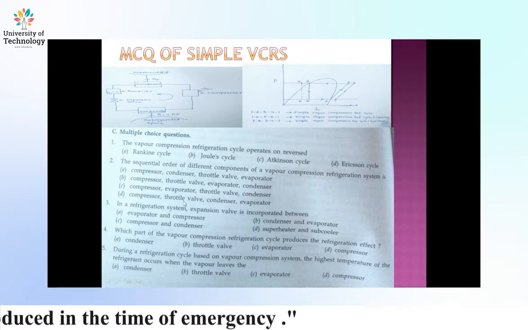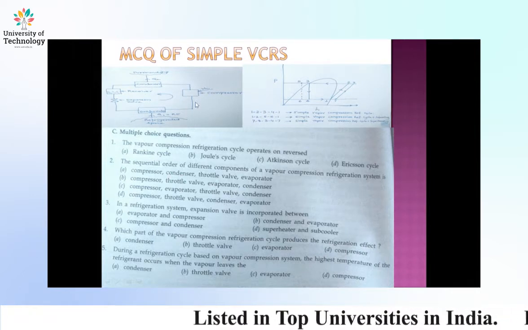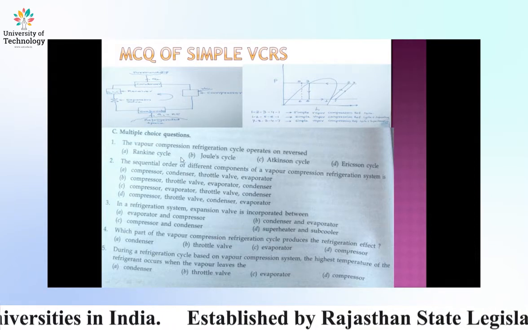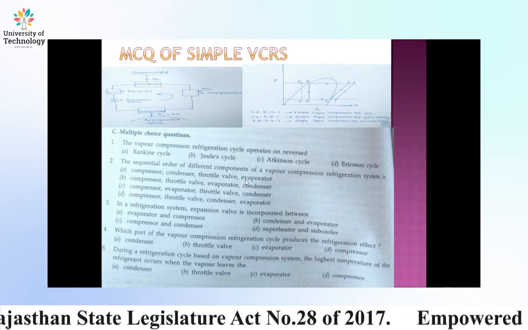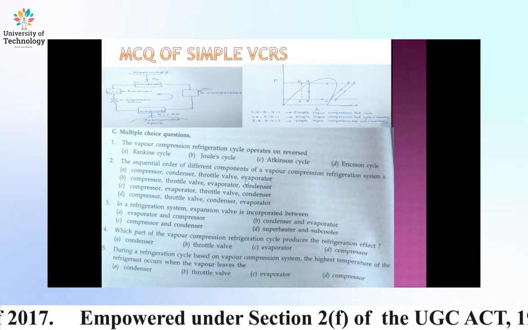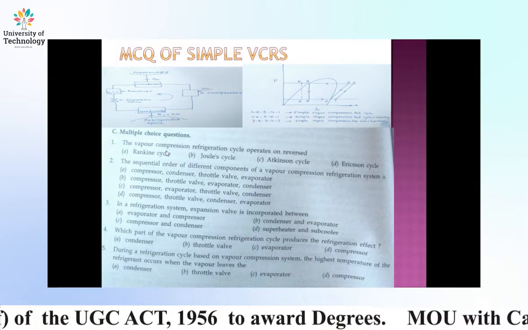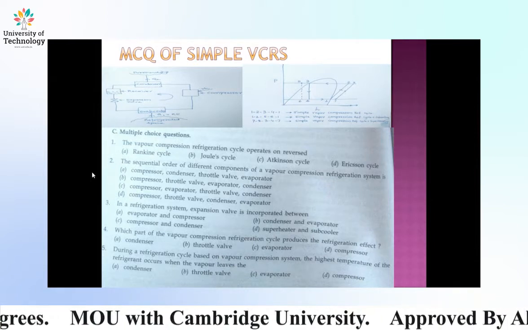Compressor, throttle valve, condenser, evaporator. So option number one is compressor, then condenser, then expansion valve or throttle valve, and evaporator. So option one is correct. So the sequential order of different components of vapor compression refrigeration system is compressor, then condenser, expansion valve or throttle valve, then evaporator.